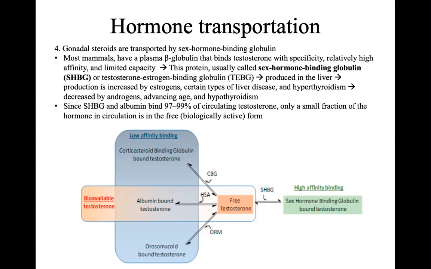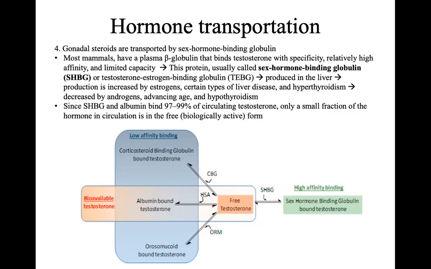Since SHBG and albumin bind around 99% of the testosterone in our blood, only a small fraction of hormones is available in an unattached form. Because they are very specific, you can find only very few of the estrogen or gonadal steroid hormones available.